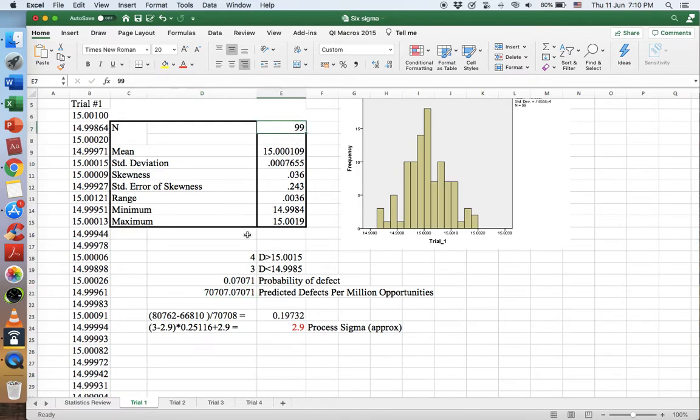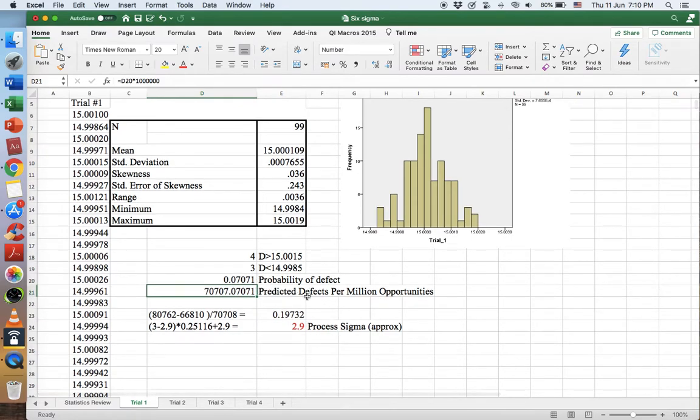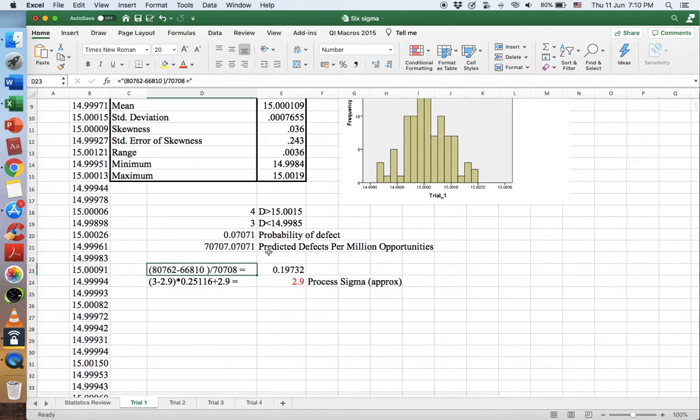I took a sample of 99, found 7 errors, and calculated the percent of error, which is the probability of defect, as we're estimating here. Then we can multiply that by 1 million. 7% of 1 million is 70,708, rounded up because we can't have 0.07 defective products, so I rounded up to the nearest 1. So here's our DPMO. And so we're going to take that number and go over to a table.